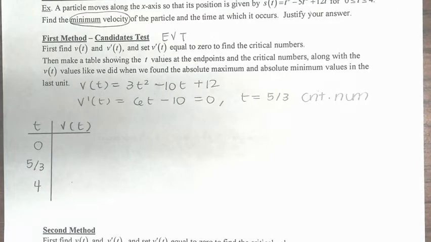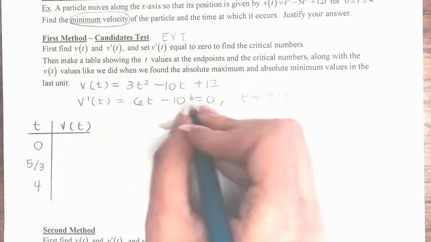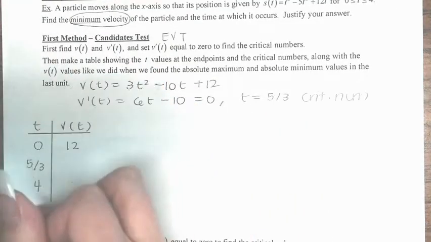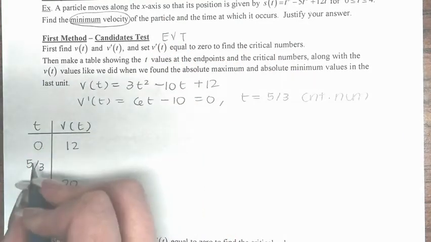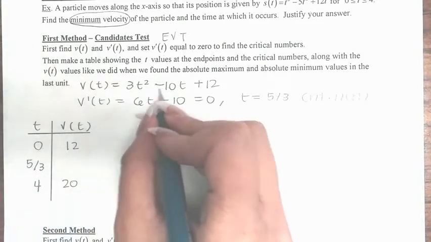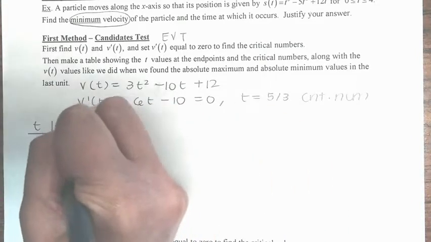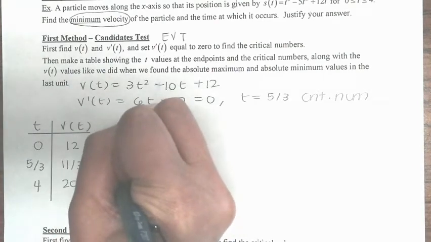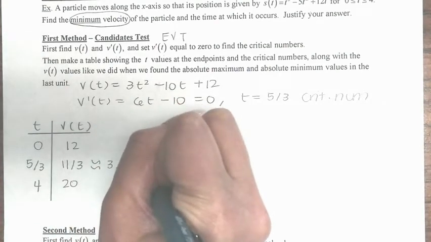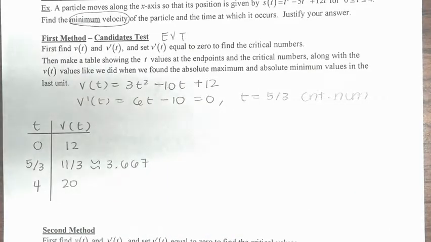When we plug in the 0, it's easy to see that you have 12. When we plug in the 4, that's going to be 20. And when we plug in the 5 over 3, this cancels, so this is going to be 11 over 3, which is roughly 3.667.